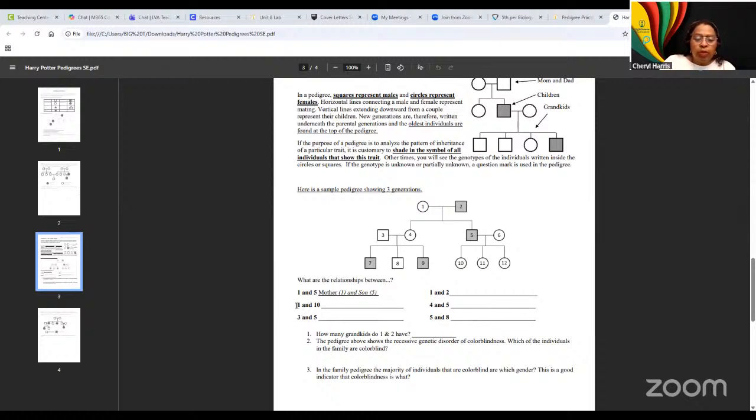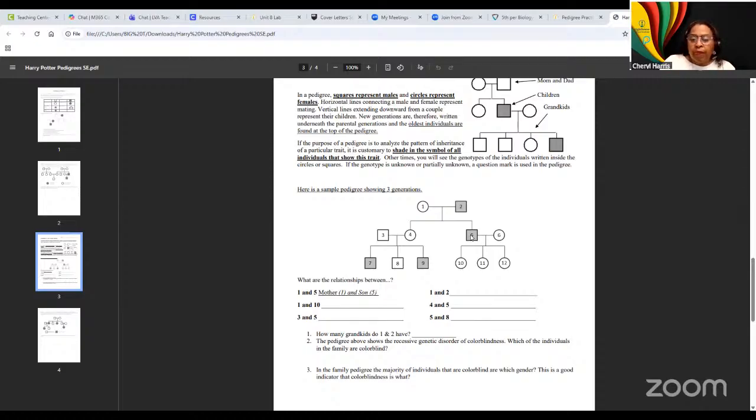So number 1 and number 10. Number 1 is a female. Number 10 is in the second generation. So these are offspring. Number 1 had a son.